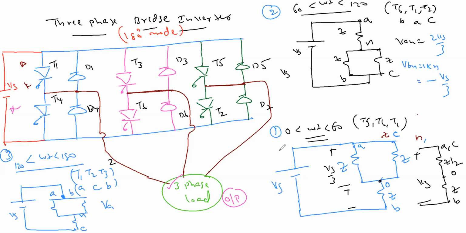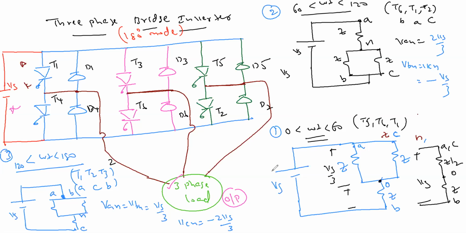Now the voltage is, if you understand one calculation, पूरा जो भी आ रहे हो तो आसान है. VAN, which is equal to VBN, Vs/3, voltage division. VCN नीचे वाला है, minus 2Vs/3. Are you guys clear with this? Now let me show the waveform.